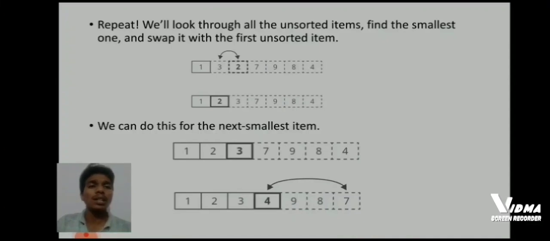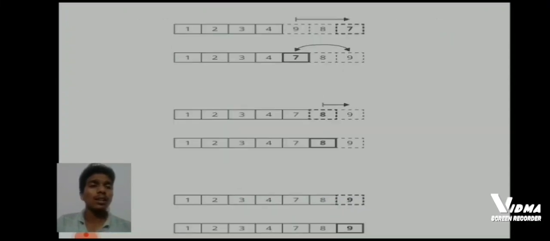So again 3 will swap with 2 because 2 is the smallest one, and then 3 itself is the smallest one, so 3 remains in the same position. Again 7 will swap with 4, and here 9 will swap with 7, 9 goes to the last and 7 comes after 4.